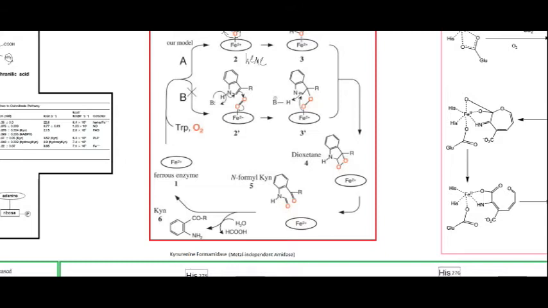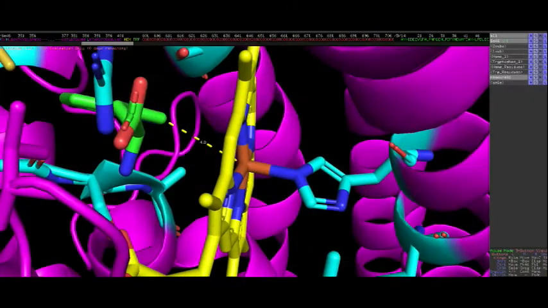So we end up with this that now has these two double bound oxygens on it. And this shows that, well, I think that moves into the next step. So all we wanted to get here was this N-formal kynurenine, and this is the structure for that.